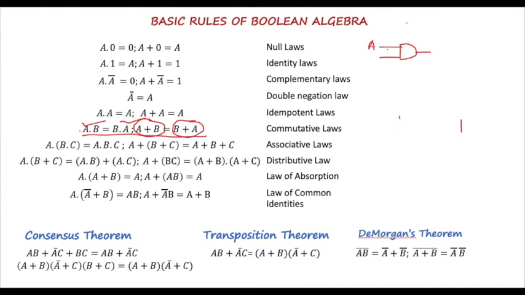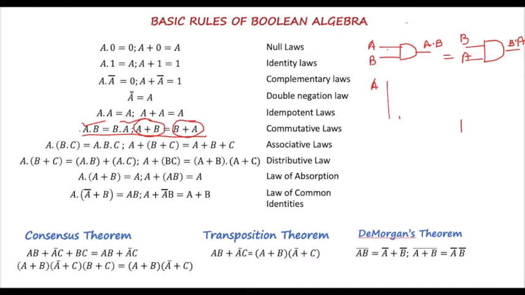First case, A and B. So what is the output? A dot B, which is equal to B ANDed with A, that is B dot A. Let me show you by truth table.